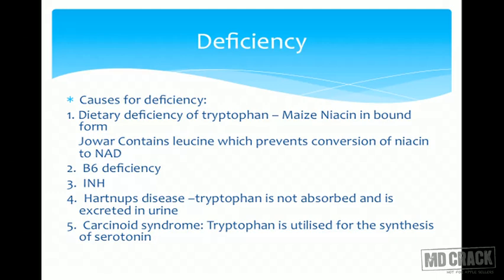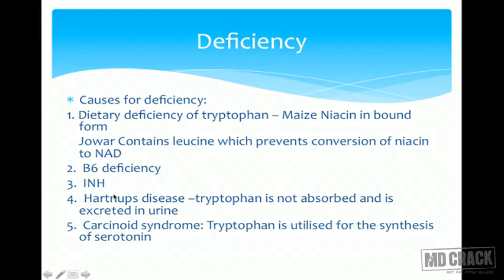Why? For the conversion of tryptophan to NAD, we require pyridoxal phosphate in the pathway, at the 3-hydroxykynurenine level, where the bifurcation is taking place. Vitamin B6 is required by the kynurenine pathway.